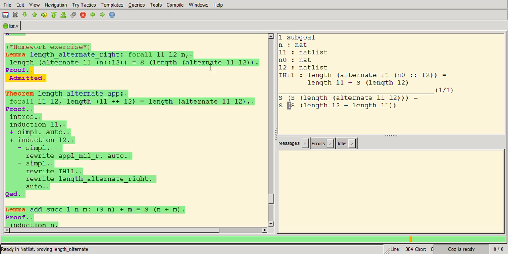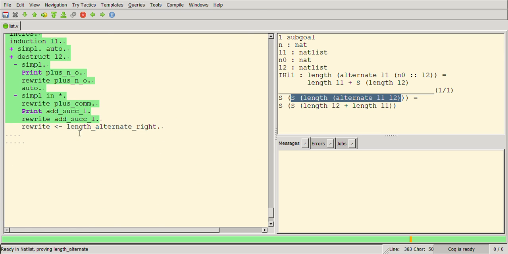On the right hand side we have a term like this: successor of length alternate L1 L2. This is a term which is exactly equal to the right hand side. So we can get a term like this when we rewrite length alternate right from right to left.